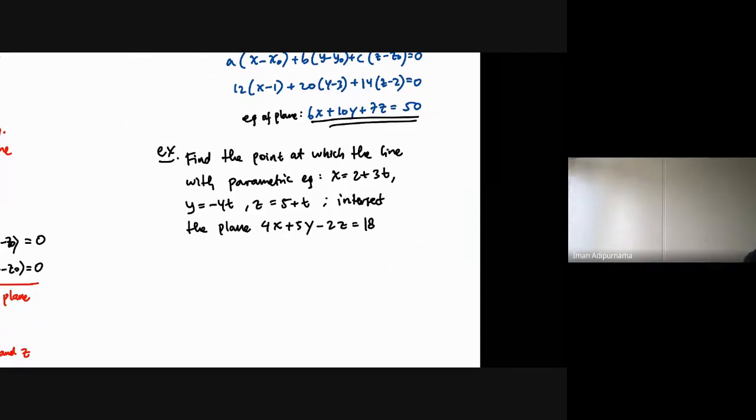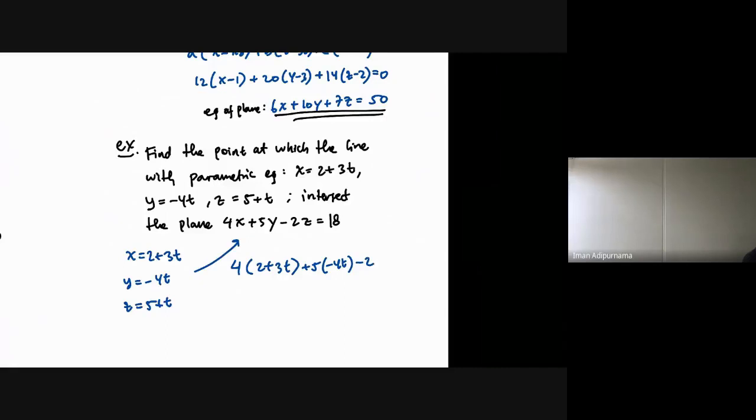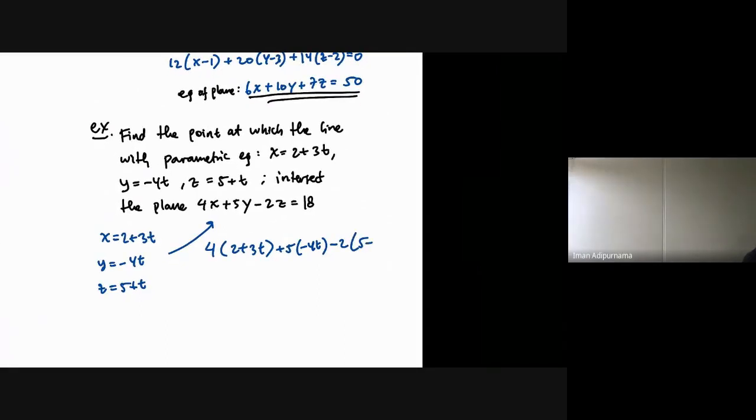Okay, first, because we have the parametric equation of each component x, y, z, we can substitute this into our plane equation. So for 4 times 2 plus 3t, plus 5 times negative 4t, minus 2 times 5 plus t, equal 18.